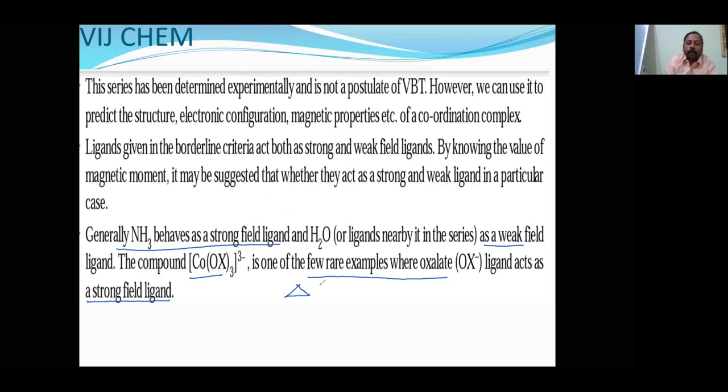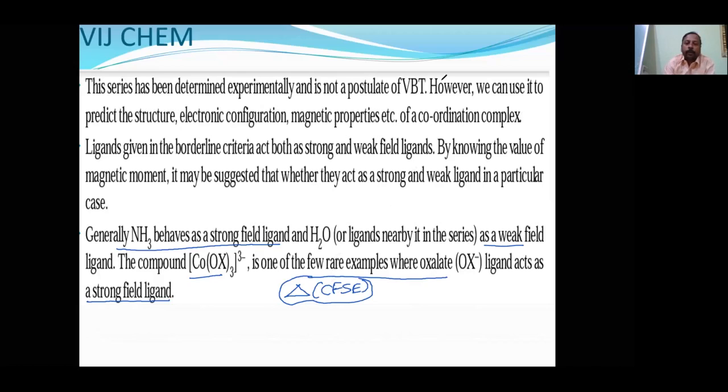Its experimental CFSE value is lower, but why it acts this way, experiments are still on. What factors make it act as strong field is not yet known. According to the delta value it is a borderline ligand, but it mostly acts as a strong field ligand.